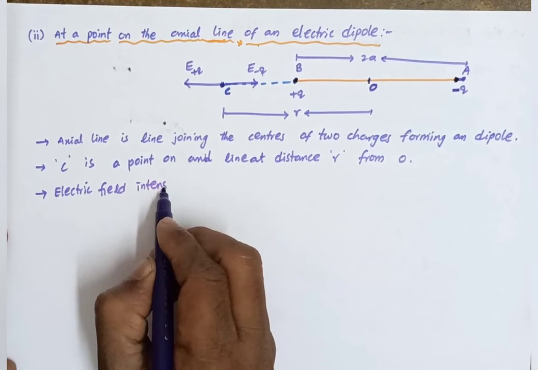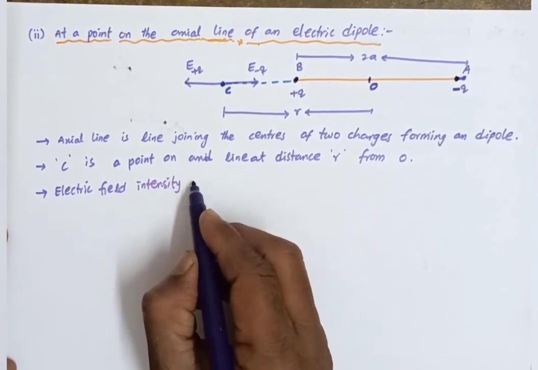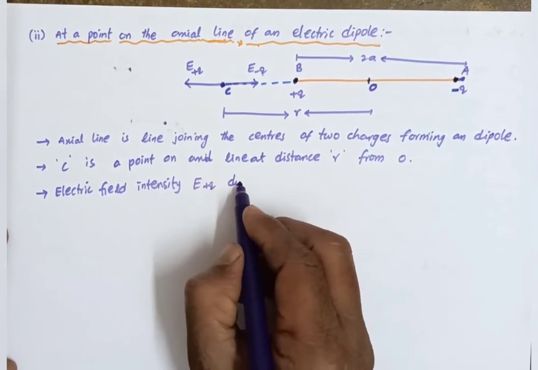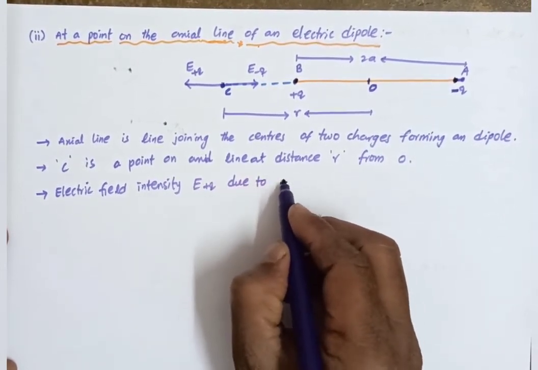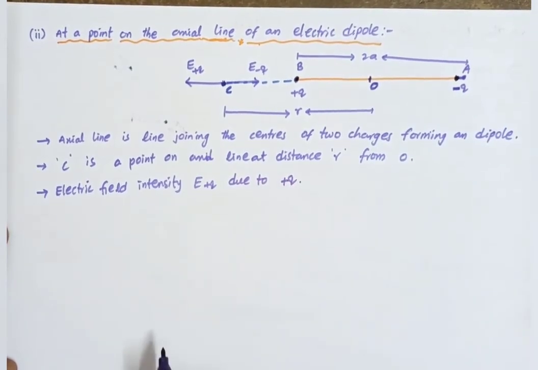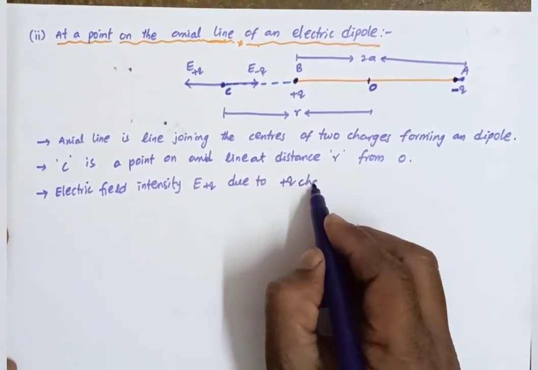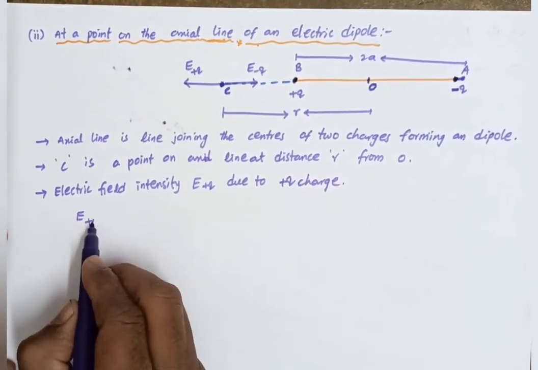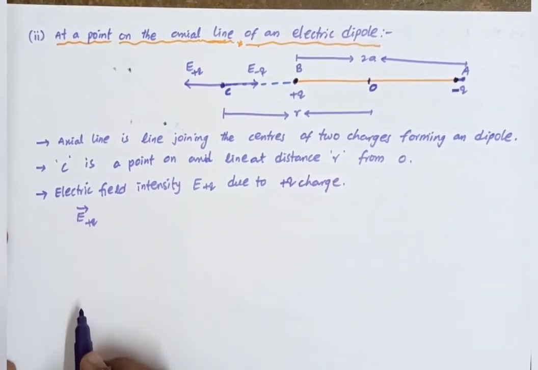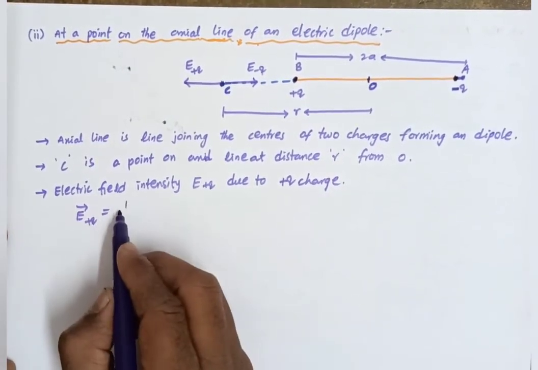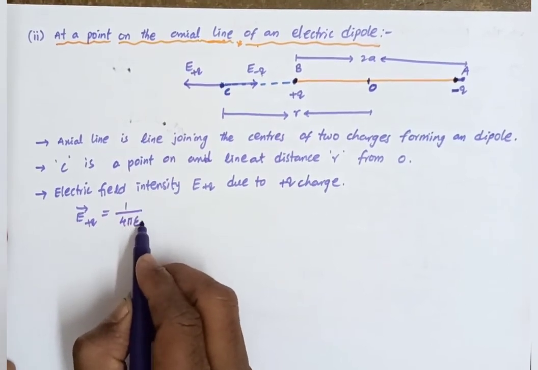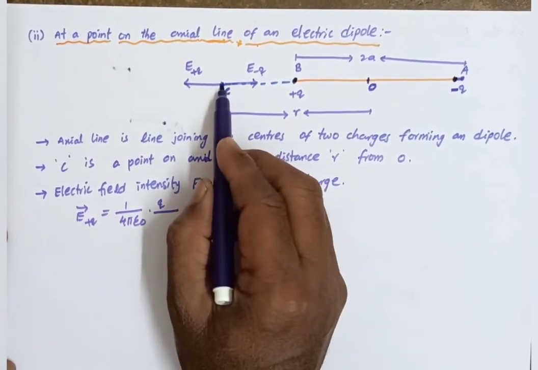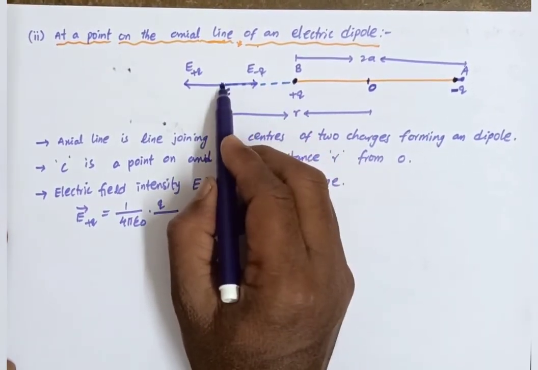So the electric field intensity E plus Q due to the plus Q charge is written as equals 1 by 4 pi epsilon naught into Q by, what is the distance from point B to point C?